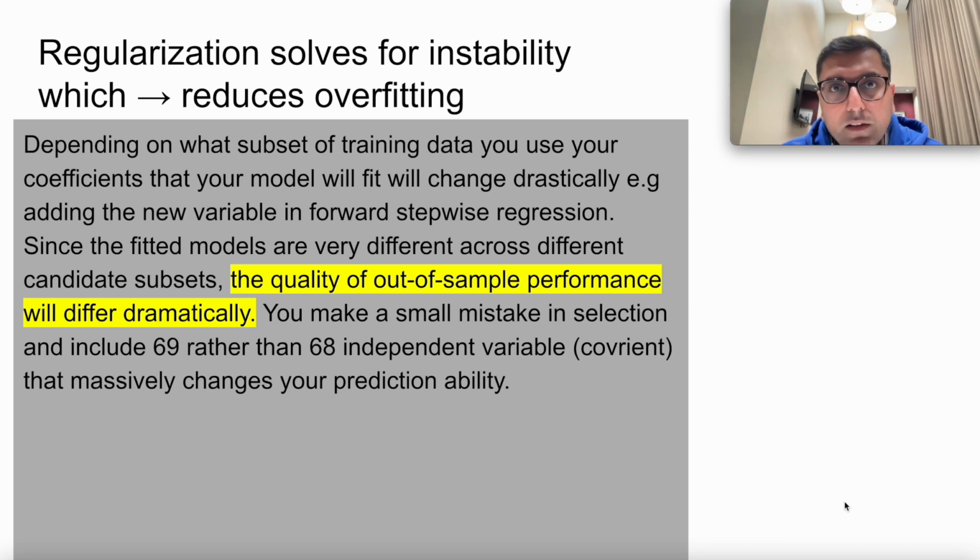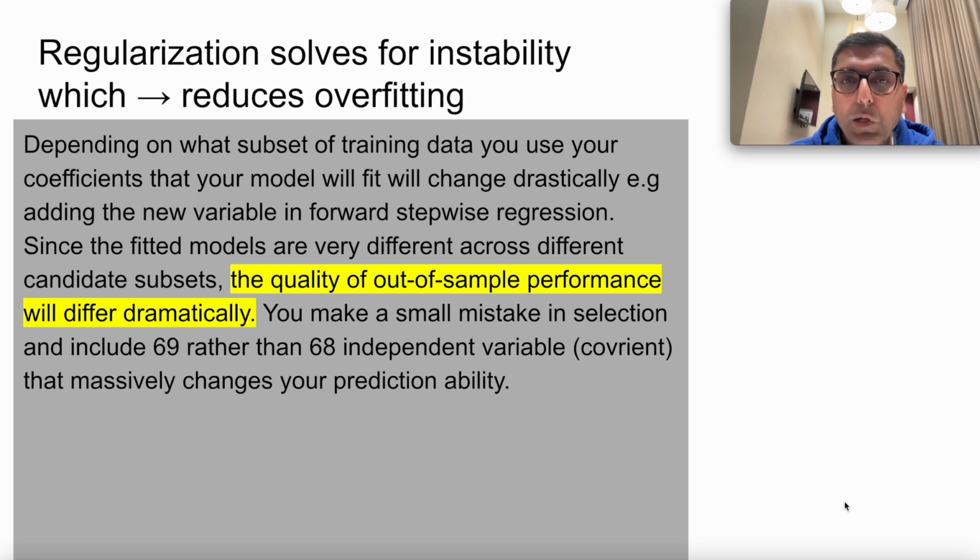There's this one issue of instability, which is important as we solve for overfitting. Based on the training data set that we used, the coefficients of your variables could be very different. They could change drastically. As we saw in the k-fold validations, we are using different training and testing data sets, so the quality of your out of sample performance will differ drastically based on what you train on and what you test on.